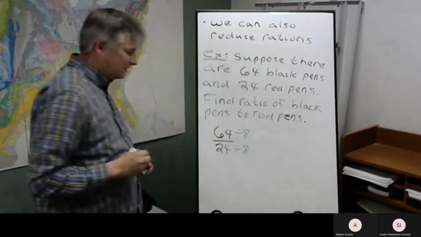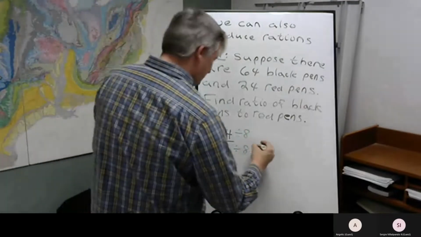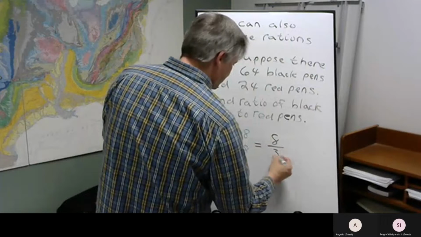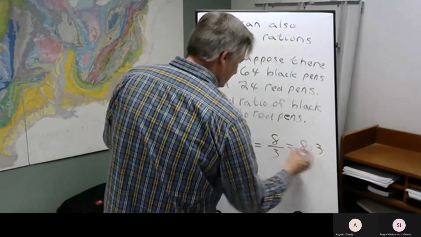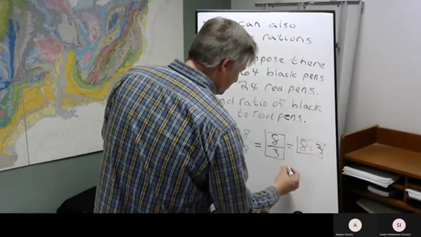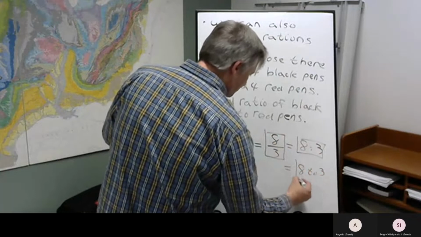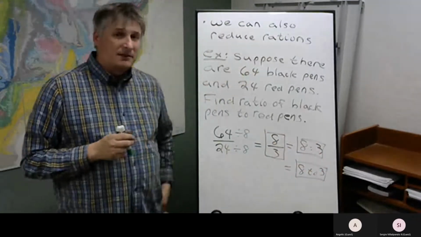We can divide top and bottom by 8. And so we'll get 8 to 3. So we could do something like that.